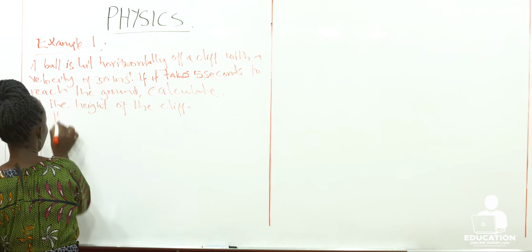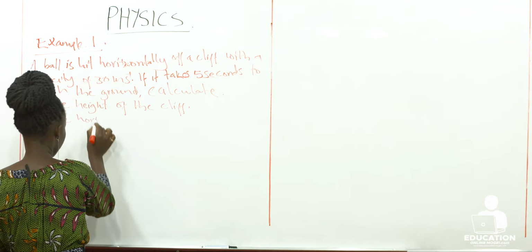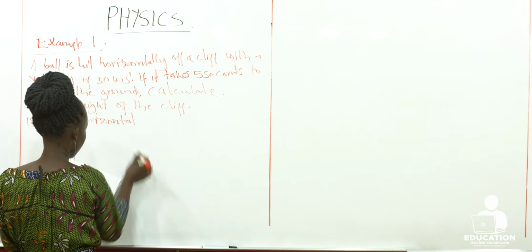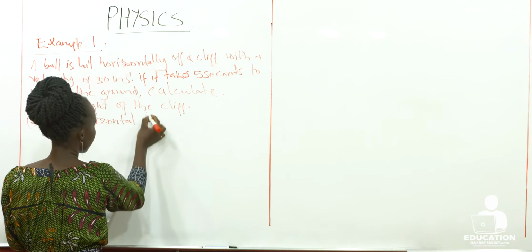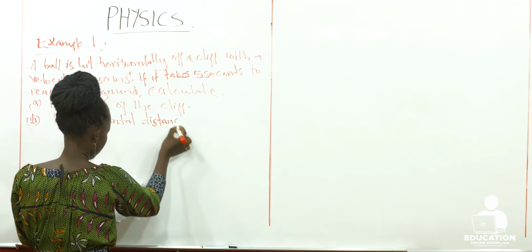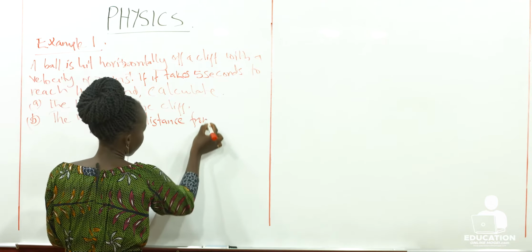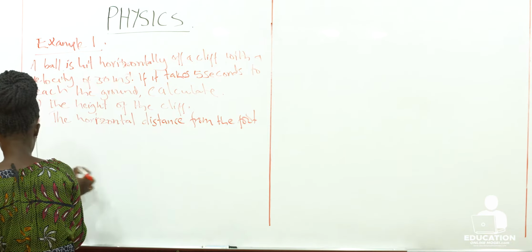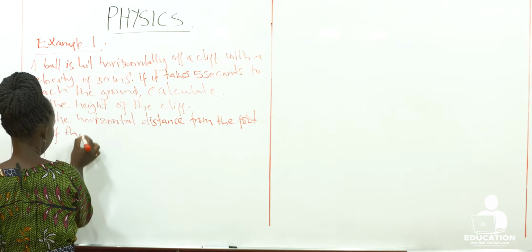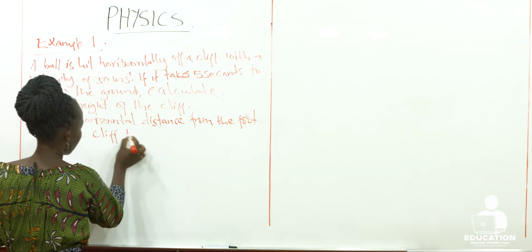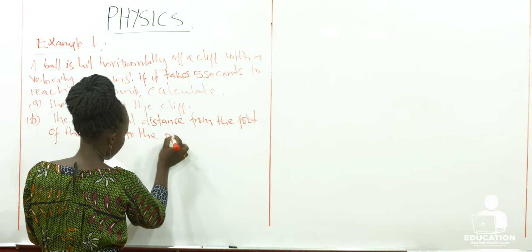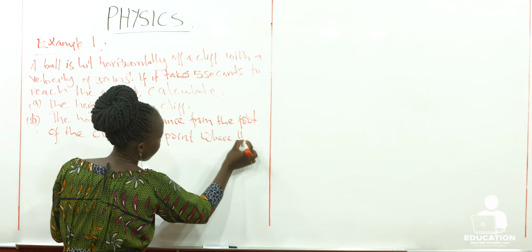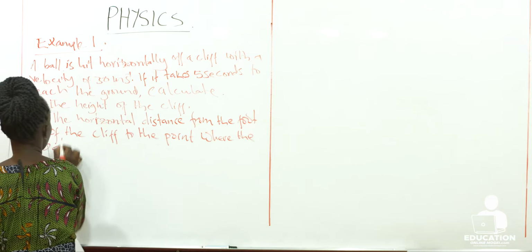We have to get the horizontal distance from the foot of the cliff to the point where the ball lands.